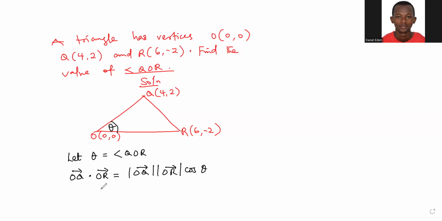So don't forget our Q is (4, 2), and our R is (6, minus 2).